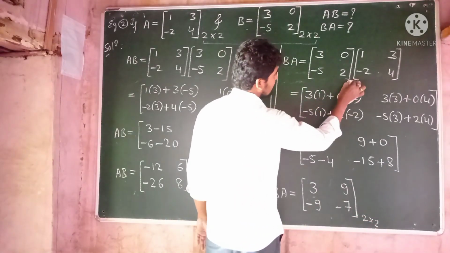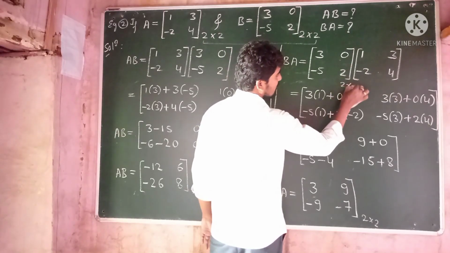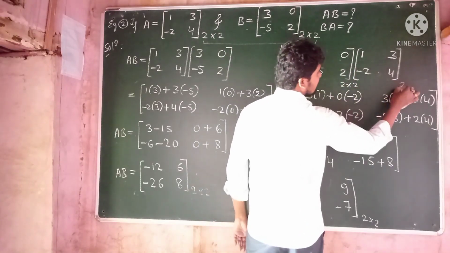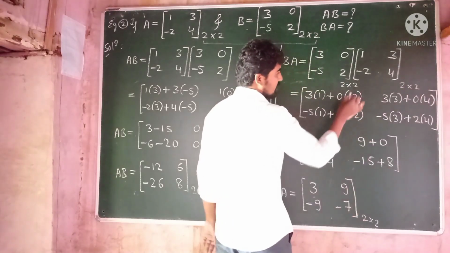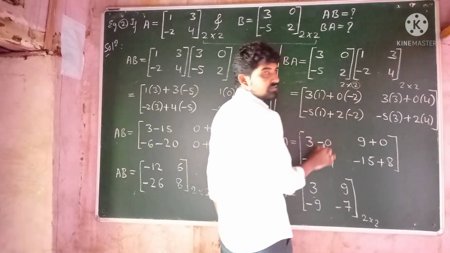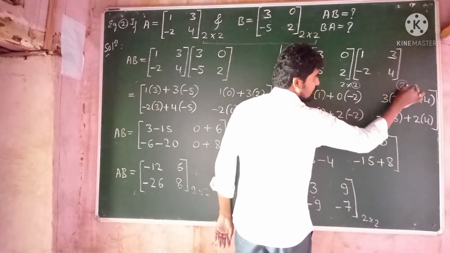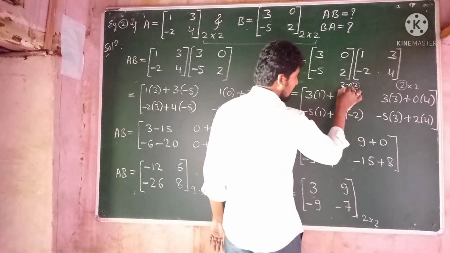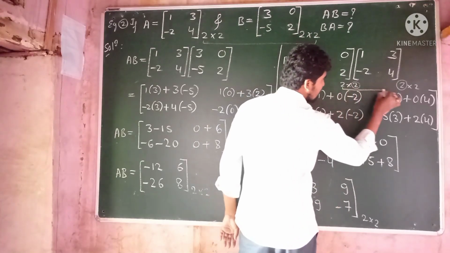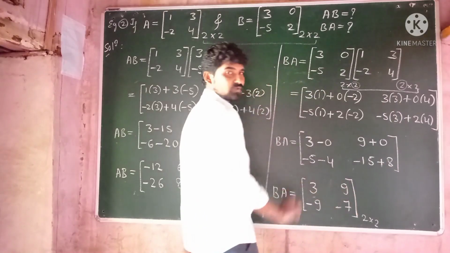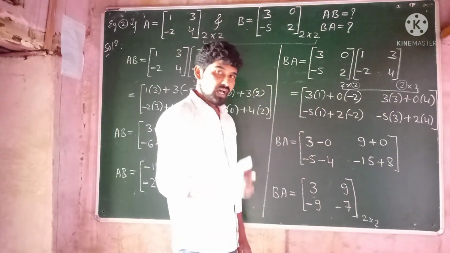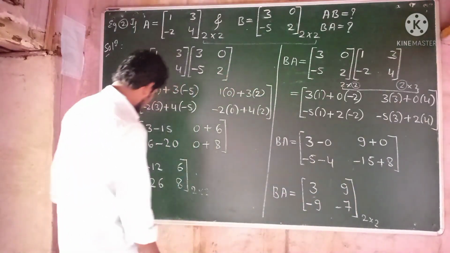Why? Because you just observe here, the order of the B matrix is 2 cross 2 and the order of the matrix A is 2 cross 2. So the number of columns in the first matrix is equal to the number of rows in the second matrix, and the order of the resultant matrix should be 2 cross 2. I hope all of you understood. And you may observe one more thing here.